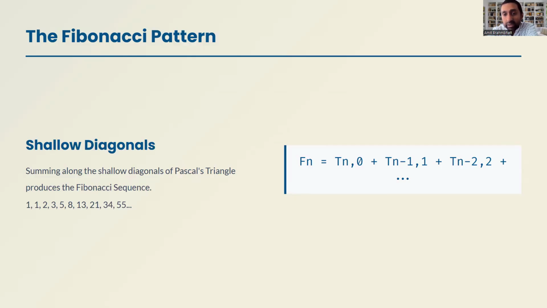This remarkable connection shows that the breeding patterns of rabbits, the spiral of pine cones, and binomial expression coefficients are all governed by the same mathematical engine.